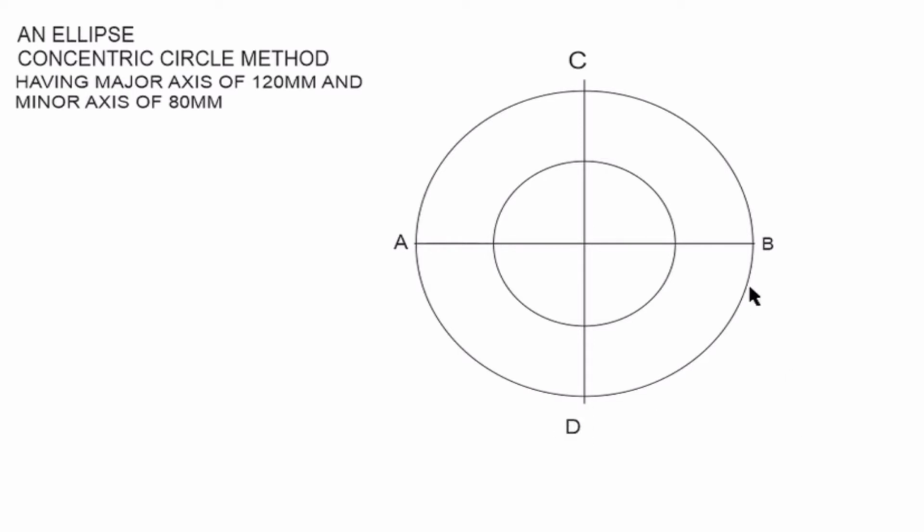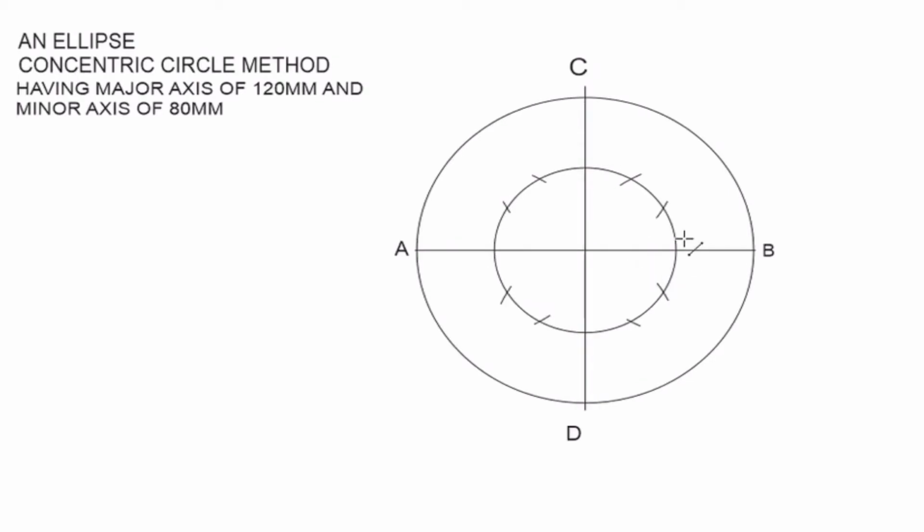Next we have to divide this concentric circle into 12 equal parts. I'm certain you can remember how to divide a circle into 12 equal parts. You can see I've bisected the circumference of this smaller circle into 12 equal parts. Next I'm going to draw radiating lines from each of the points across.